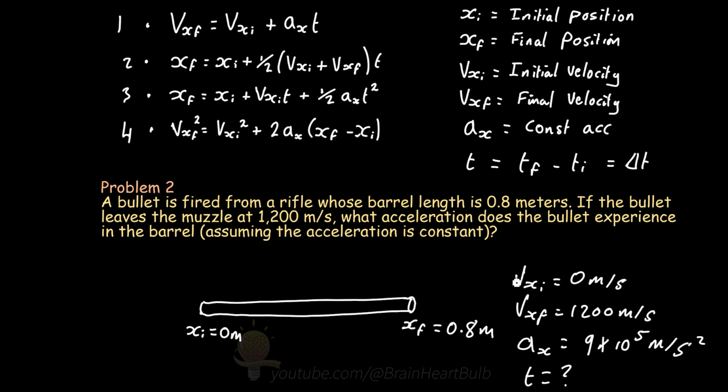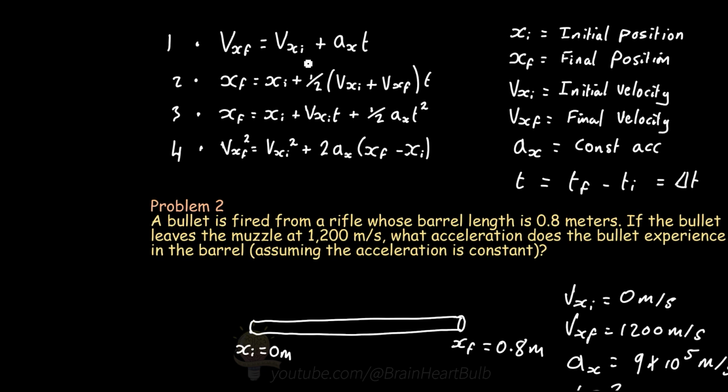Because we've got the velocities, we have the acceleration now, and all we need to do is transpose this equation to make time the subject. Because the initial velocity is 0, we can ignore this variable here, and we can simply say the final velocity divided by the acceleration along the x-axis, the constant acceleration, is equal to the time.